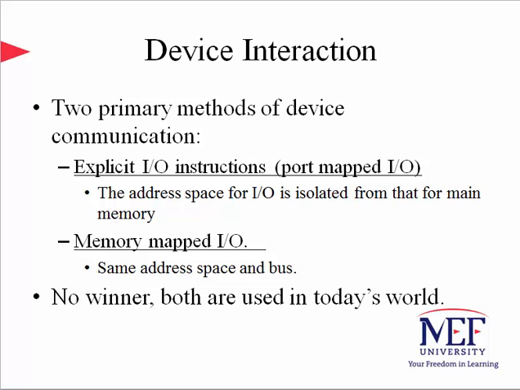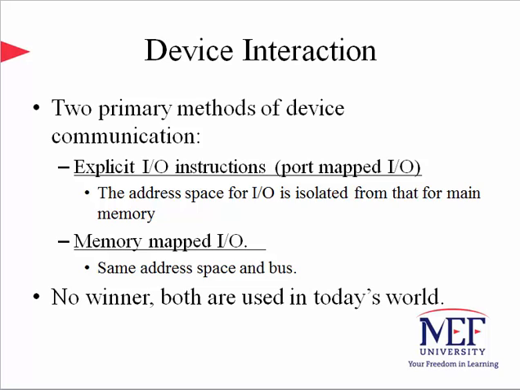The second method to interact with these devices is known as memory mapped I/O. With this approach, the hardware makes device registers available as if they were memory locations. To access a particular register, the operating system issues a load to read or a store to write the address. The hardware then routes the load or store instructions to the device instead of main memory, using the same bus.